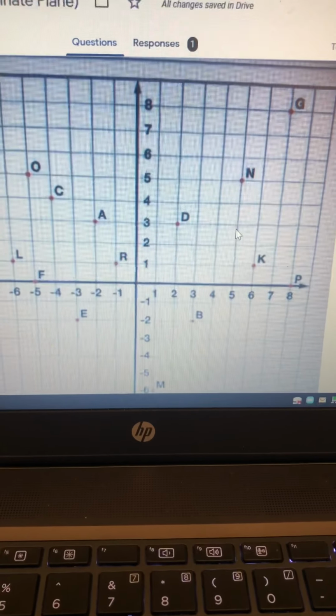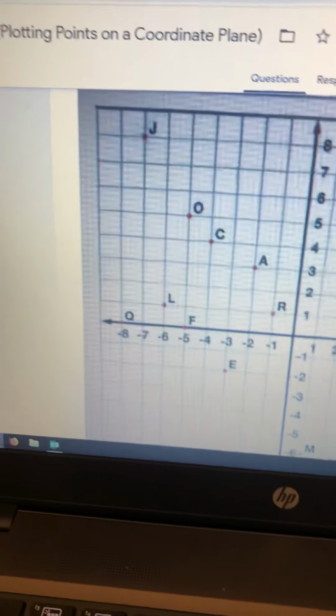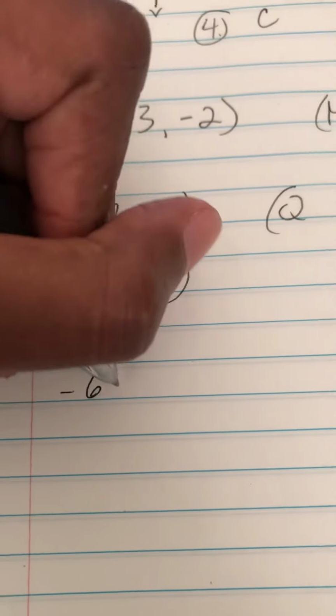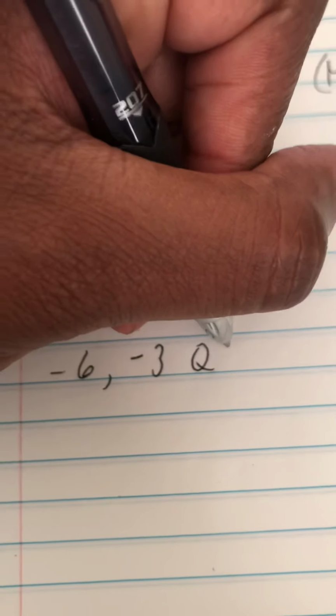So 1, 2, 3, and 4. All right. So that one, (-6, -3), is quadrant 3. So (-6, -3) is Q3.